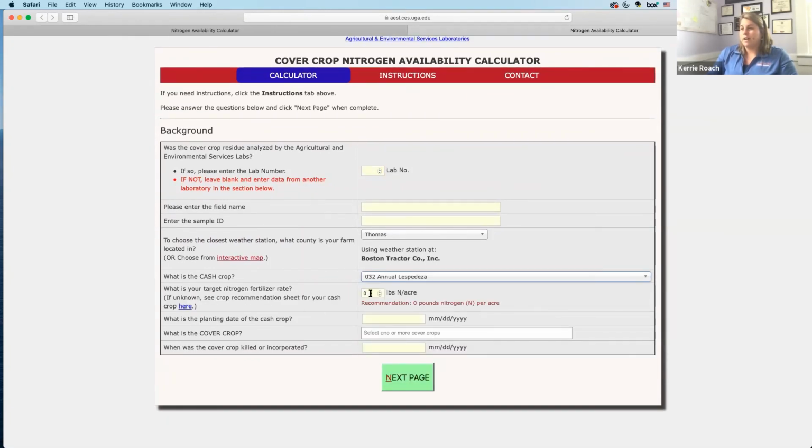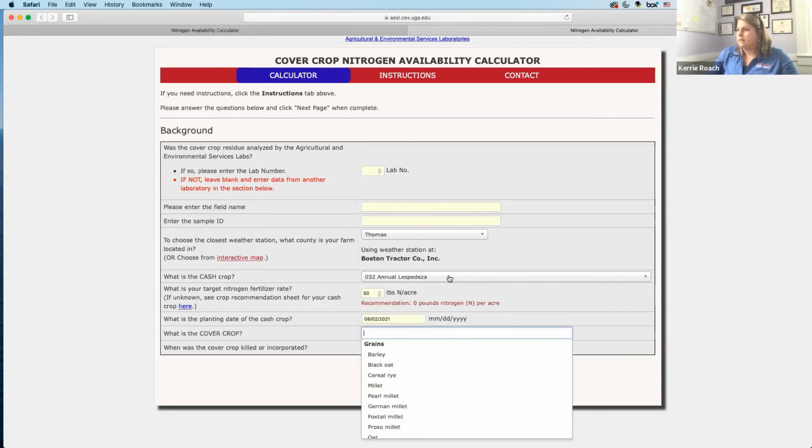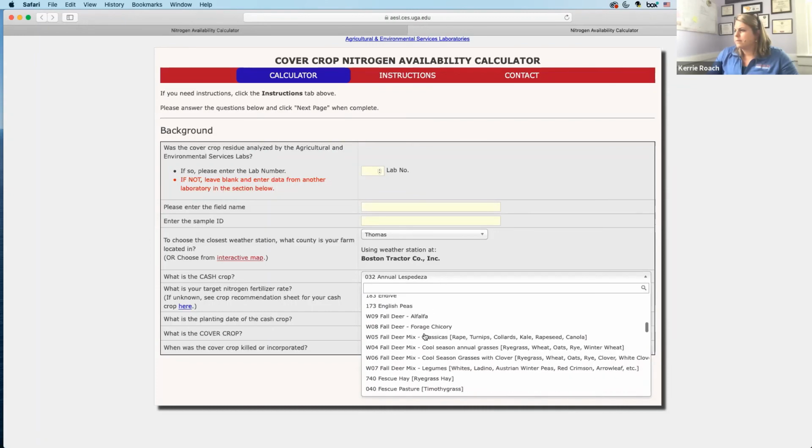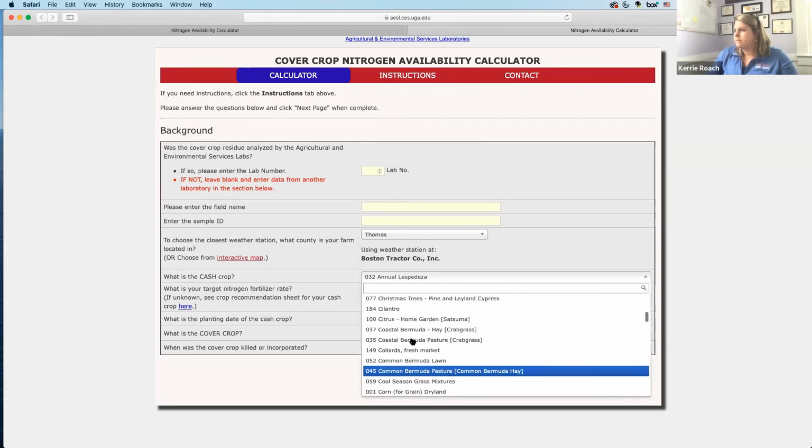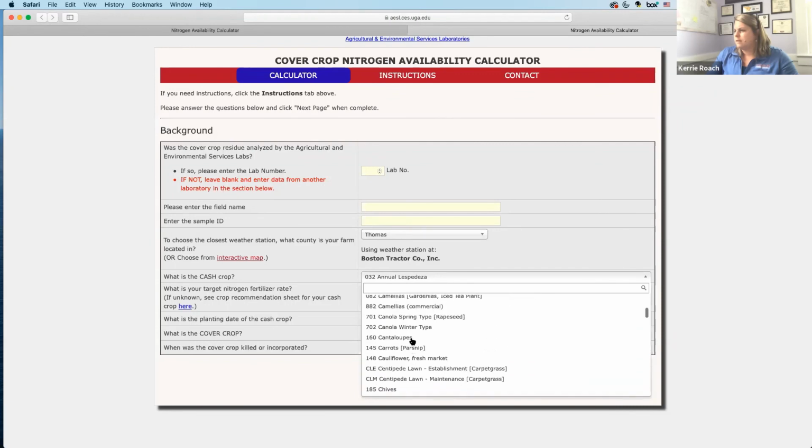What is your target nitrogen fertilizer rate? So if we say 50 pounds per acre, we're just going to pick today. And we don't want to grow Lespedeza. Let's grow something in the fall.